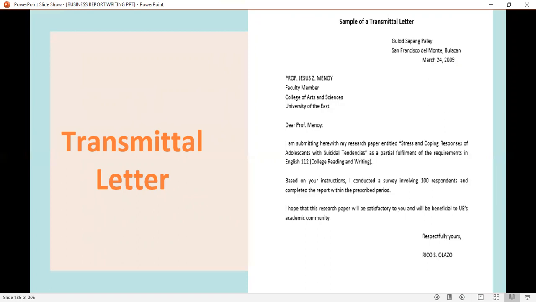Another, in an office matter, employees are sending transmittal letter with the daily time record or the submission of the daily time record of the other employees.